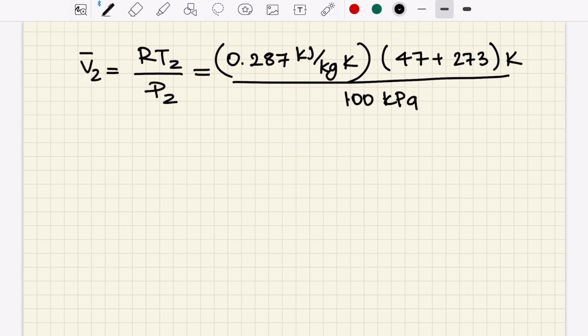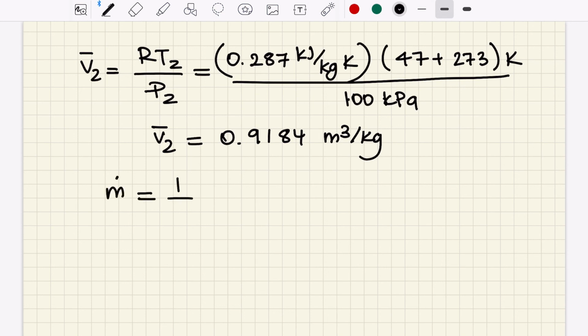Pressure at the exit is the same as pressure at the inlet, and with that information we can figure out the specific volume. It's 0.9184 meter cube per kilogram. And now we can figure out the velocity.